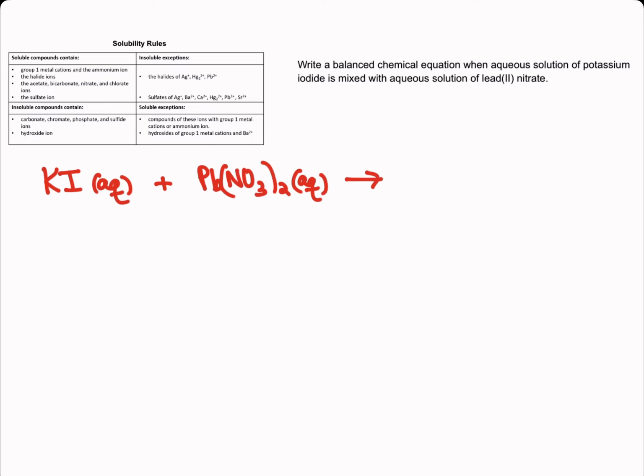And we want to predict the products with its correct phases. So on scrap paper, you want to break up your reactants into cations and anions. Potassium iodide is made up of K plus, I minus. Lead 2 nitrate is made up of lead 2 plus and NO3 minus.